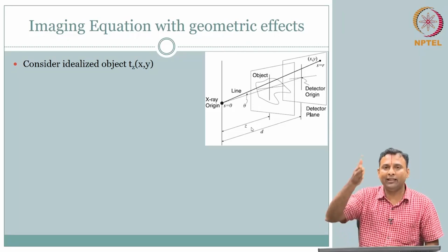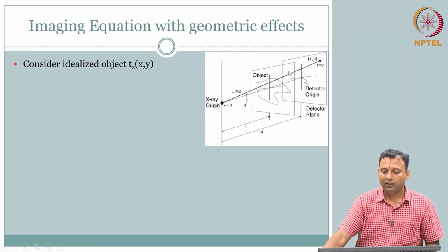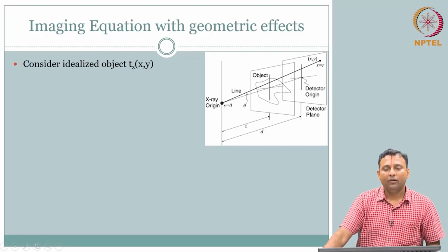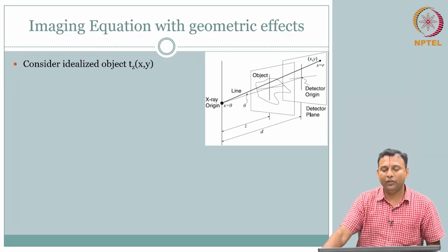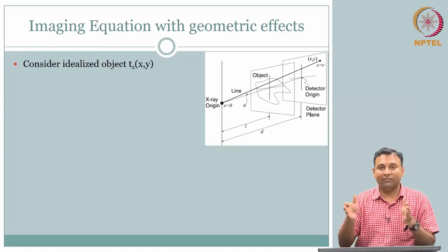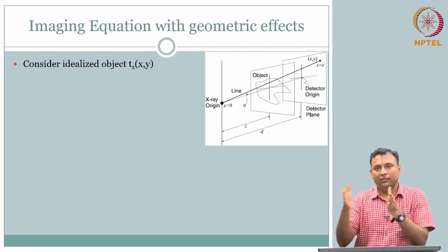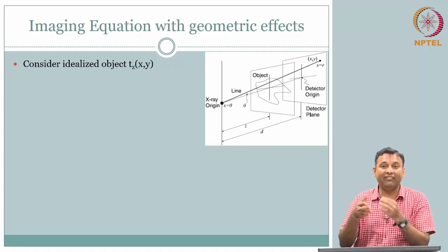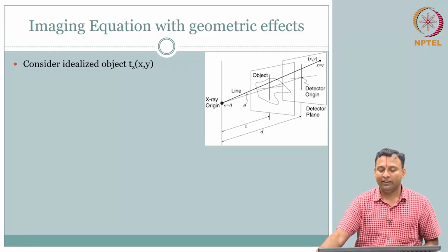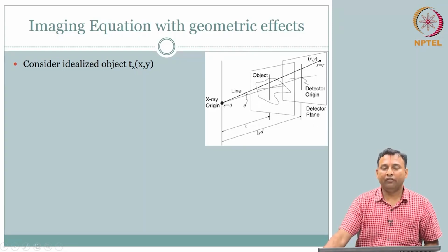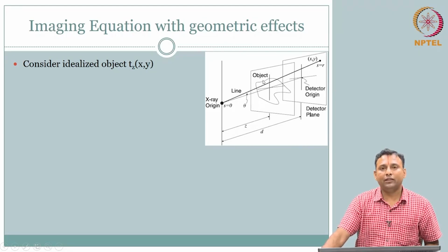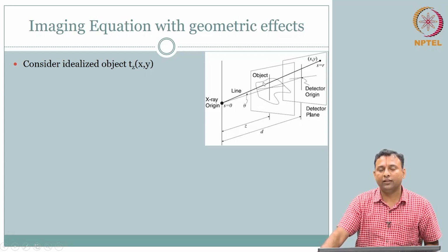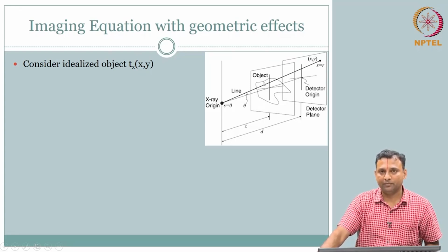So I can have an ideal thin object where the distribution is mu delta x, mu into delta x. If you have a third dimension, we had mu into path length over it. Instead of dealing with that, I am collapsing that. I am saying I have an infinitesimally thin object, where the object is described by the total loss, not just the attenuation coefficient.